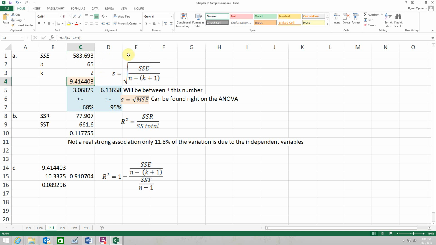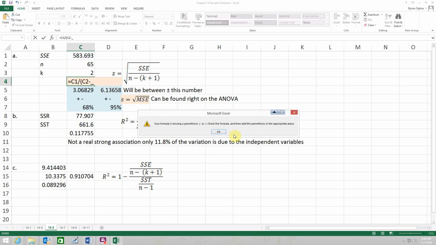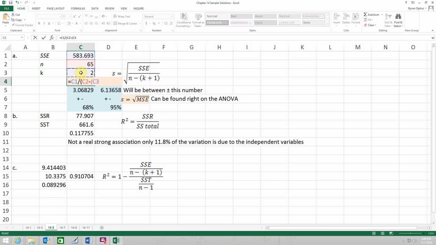But if I do the math, it's equal to my SSE divided by parentheses n minus parentheses 2 plus 1, double parentheses.